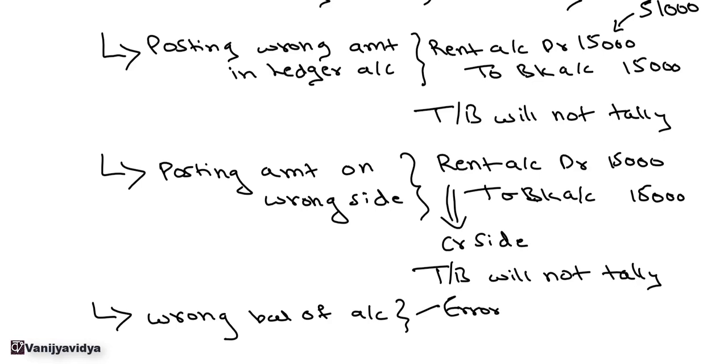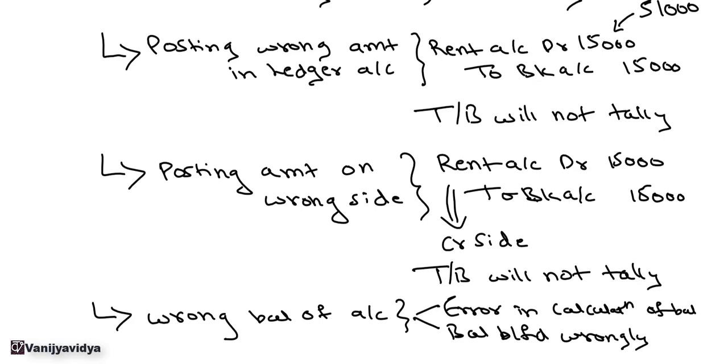So error in calculation of balance. Second is balance is calculated correctly, but while bringing it forward or taking it forward to the next page, it is taken wrongly.